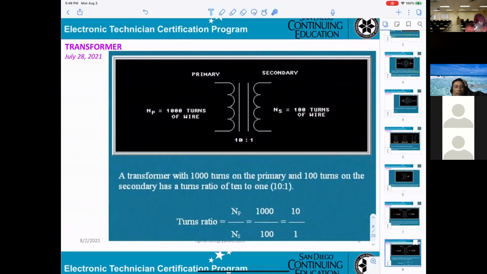On this transformer, the primary has 1,000 turns of wire and the secondary has 100, so the turn ratio is 10 to 1. 1,000 divided by 100 gives 10, and 100 divided by 100 gives 1.